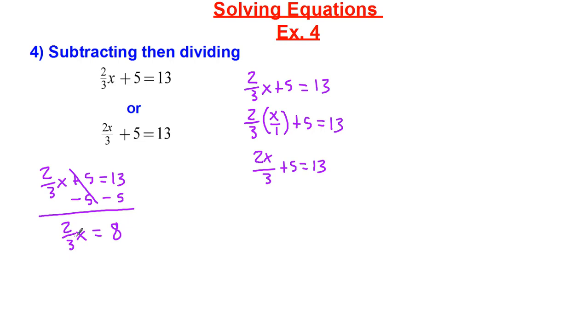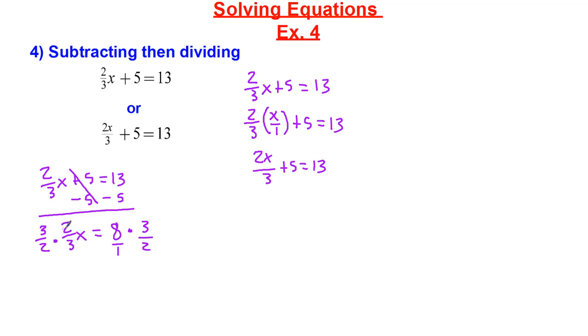Now, in order to get rid of this guy right here, this is showing a multiplication problem. 2/3 times a number is going to be equal to 8. So in order to reverse that, I'm going to go ahead and divide by 2/3. To divide by 2/3 just means to multiply a number by its reciprocal. So I'm going to multiply by 3 over 2. And then let me just put a 1 here just to show that I'm multiplying.